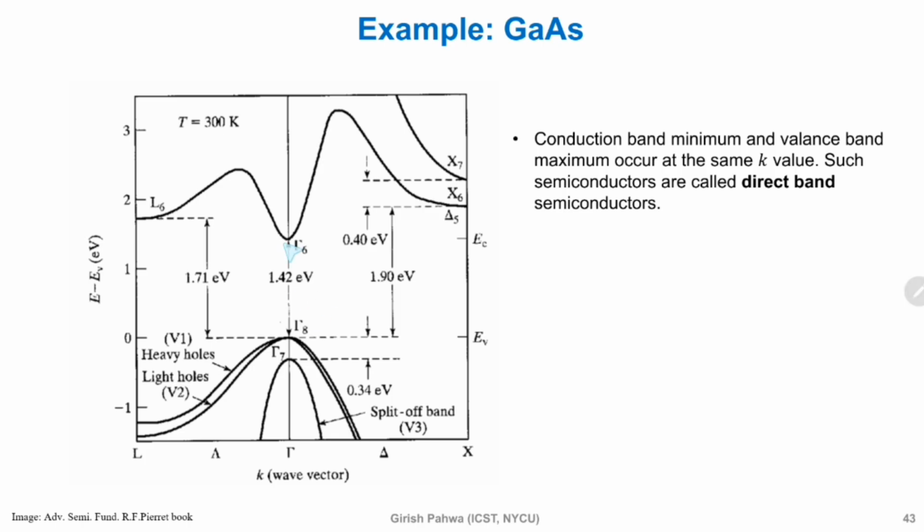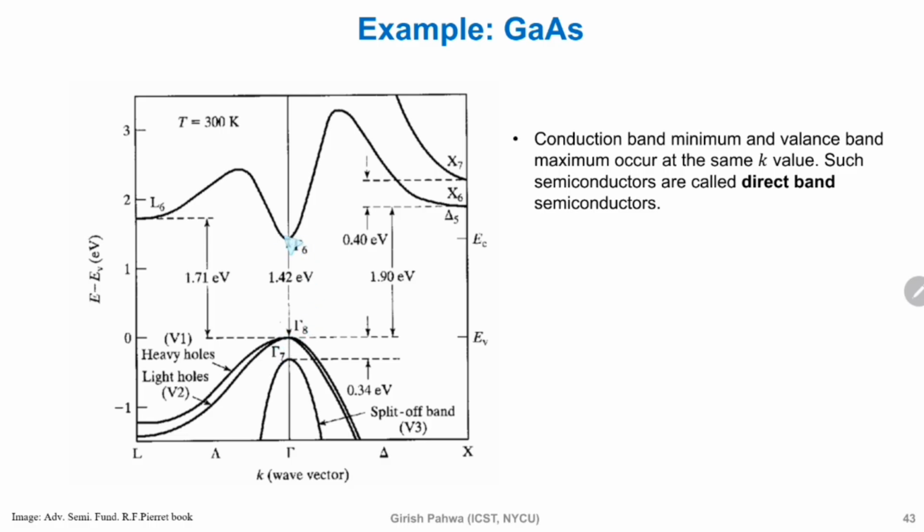Some more observation. So this is the gamma point with k equal to 0, and this is also k equal to 0. So this type of semiconductor which has the conduction band minimum and the valence band maximum at the same k point is called a direct band gap semiconductor.